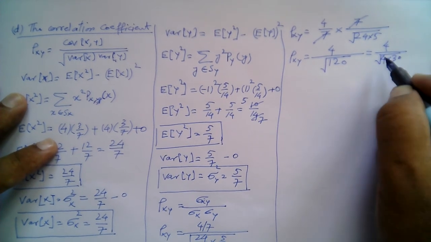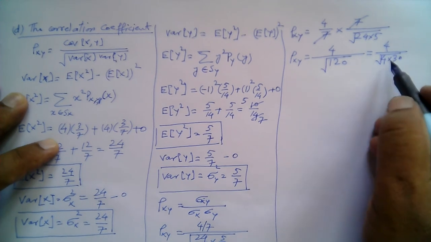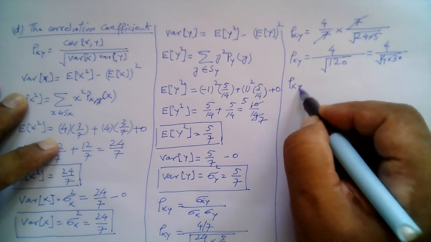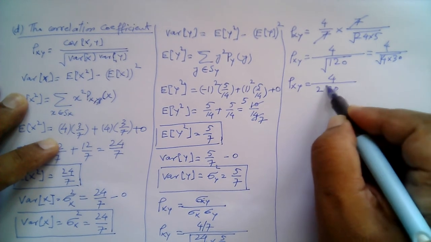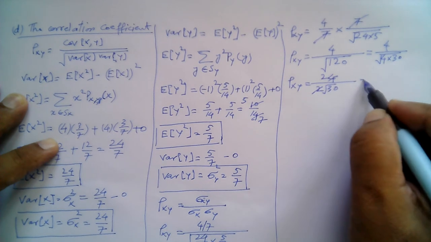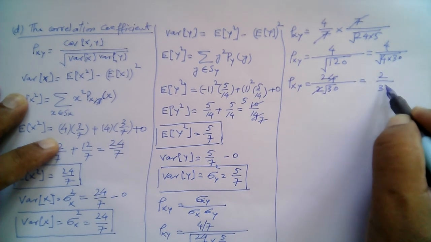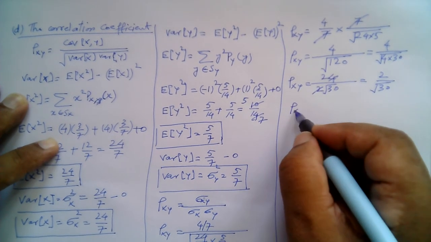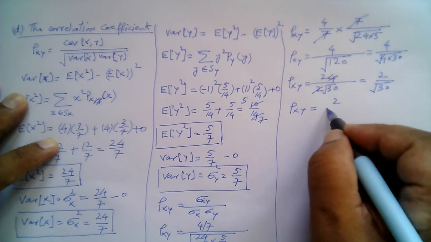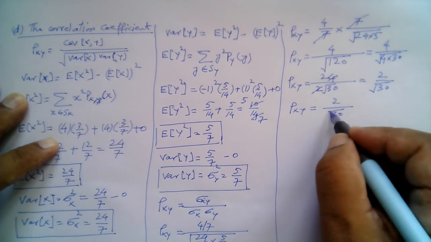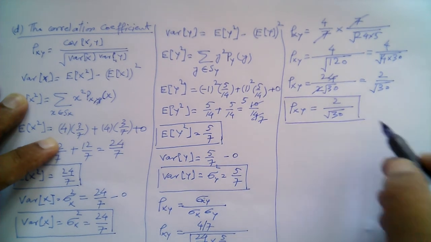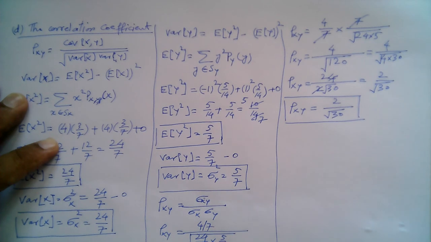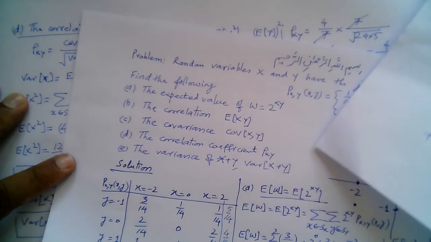The square root of 4 is 2, so that is 2 over the square root of 30. So the correlation coefficient of x and y is 2 over root 30. So we have calculated part D also.